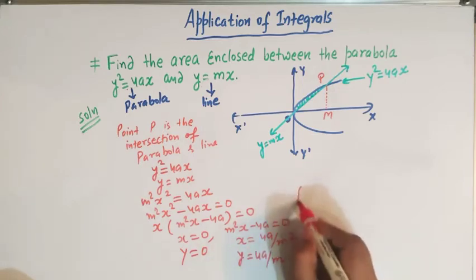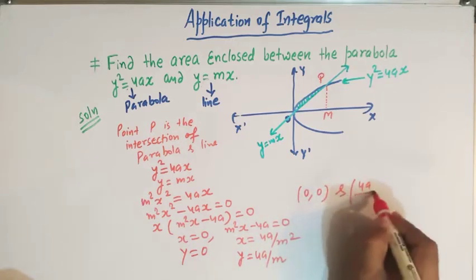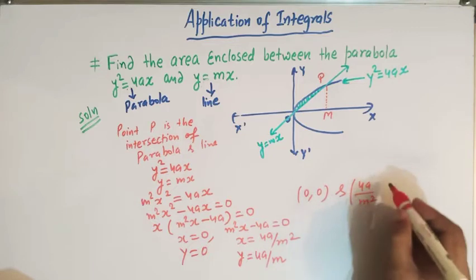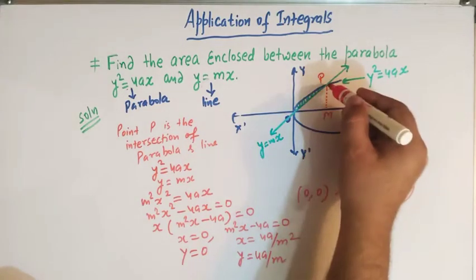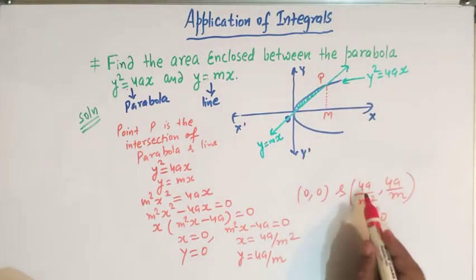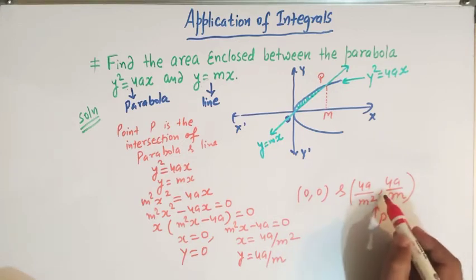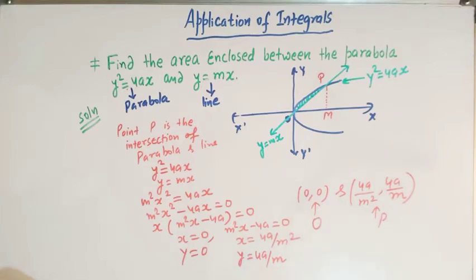So the points of intersection are (0, 0) and (4a by m square, 4a by m), right? So the coordinates of the point P are 4a by m square, 4a by m, and the coordinates of this point O, the origin, are 0, 0.